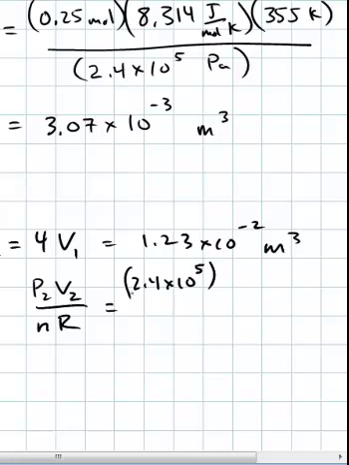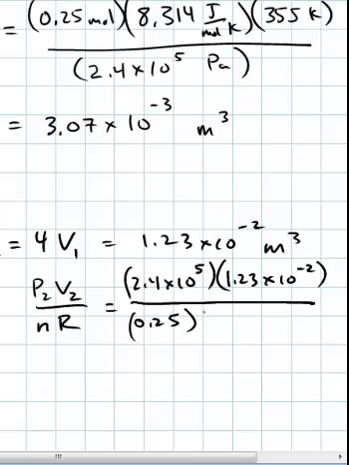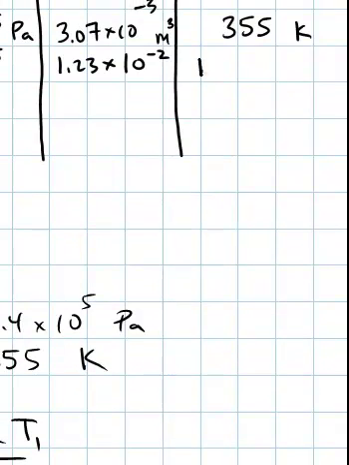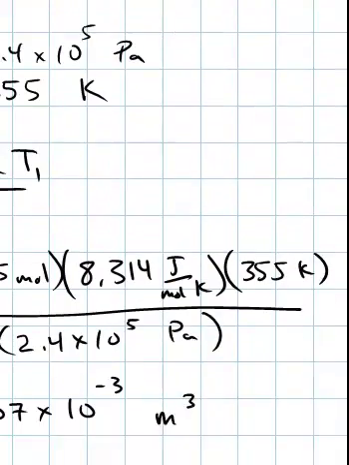Pressure in pascals, volume in cubic meters, n is the number of moles, and R is 8.314, and that gives us the temperature, 1420 Kelvin. So I'll go put that into our table here, 1420 Kelvin.